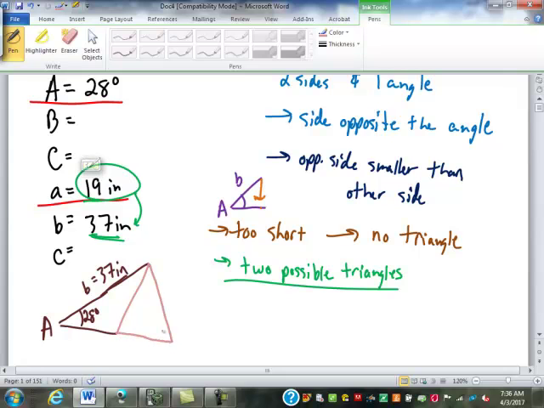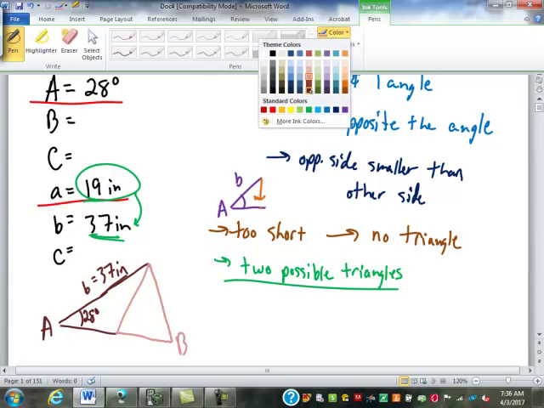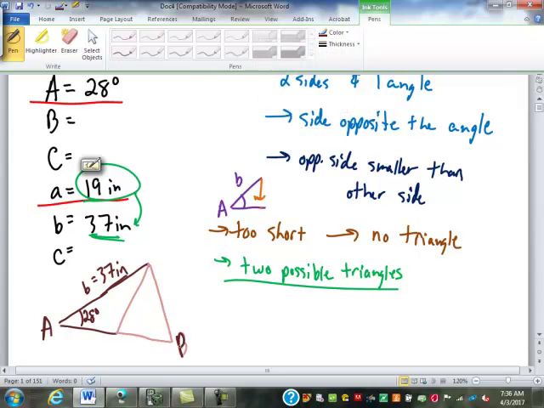So what we need to know, this is angle B down here, what we really need to know to solve this triangle is whether angle B is acute, which would be this one, or obtuse, which would be that angle.